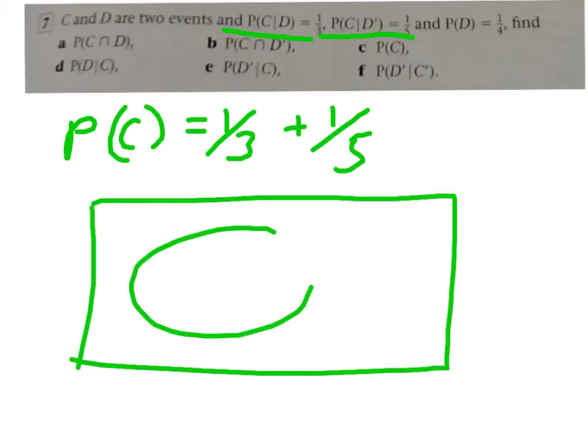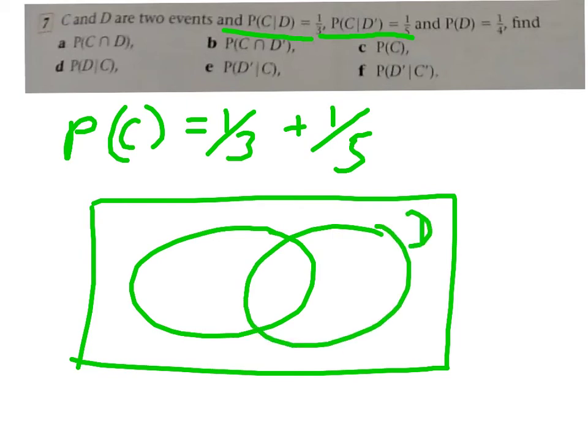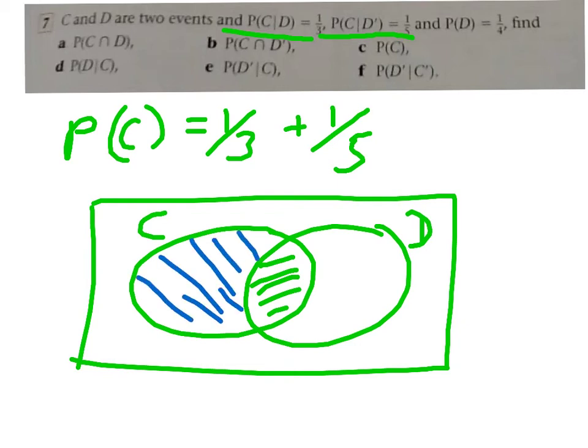So we've got C and we've got D. So we've got the probability of C, given that D has occurred. Okay, that puts us there. And then we've got the probability of C, given that D hasn't occurred. Okay, and so that's going to be that bit there. And the two together give you the probability of C.